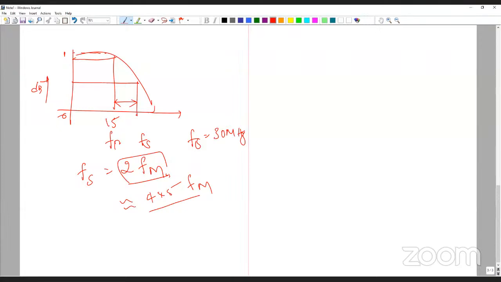In baseband, if we have 20 megahertz bandwidth, we take 30 point something megahertz as the sampling frequency because we are going from minus f to plus f. So it will meet the 2fm criterion in baseband processing.